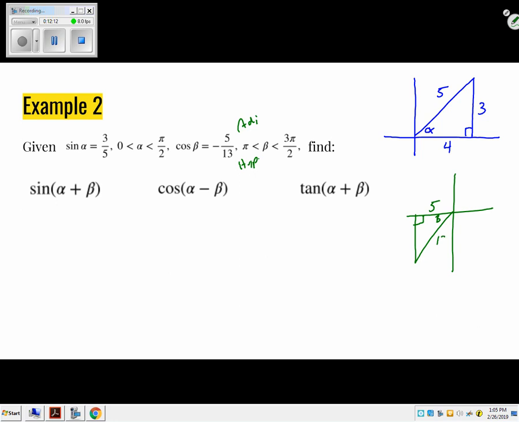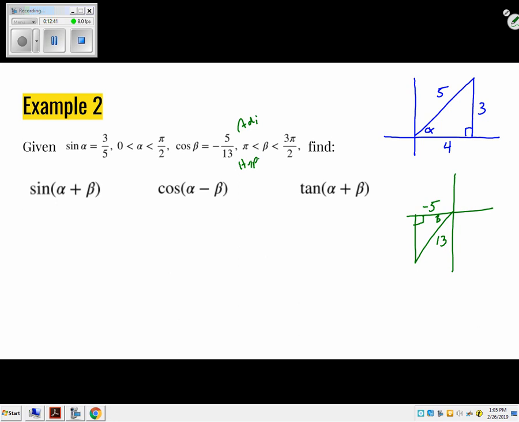Wait, which one does the negative go with? 13? If it was both, it'd be positive because it'd be negative over negative. -5. The R cannot be positive. R stands for radius. Radius is a distance on my circle.